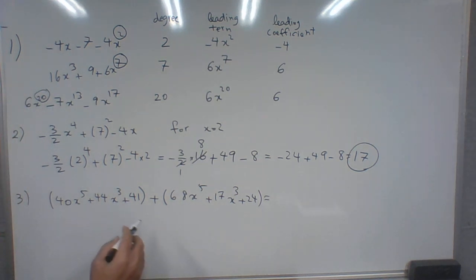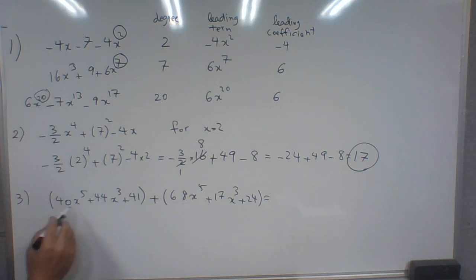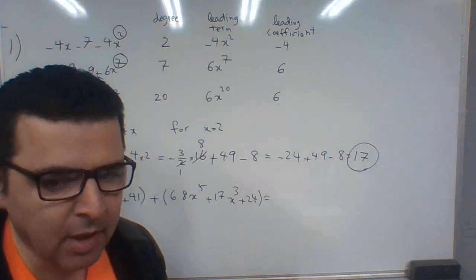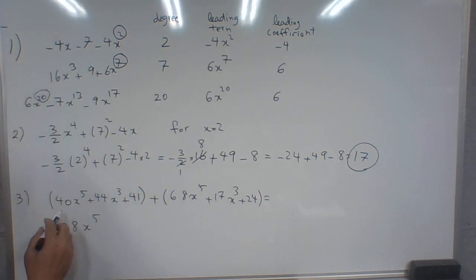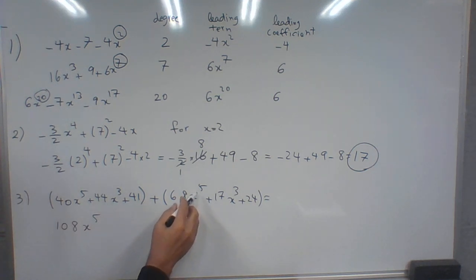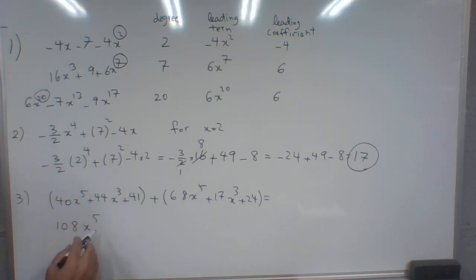We add similar terms. So what terms are similar? We have x5 here, x5 here. So these two are similar. So 40x5 plus 68x5 is 40 plus 68, it is 108x5. Like you say, I have 5 apples plus 4 apples, it is 9 apples. So 40x5 and 68x5 is 108x5.